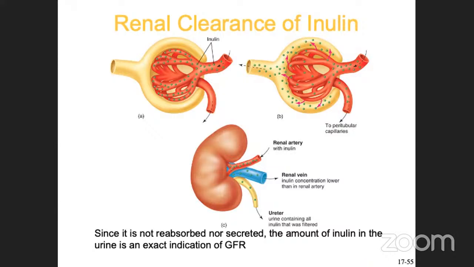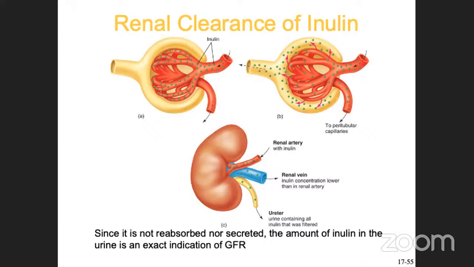This is the gold standard to measure the GFR, because inulin has all the properties of the ideal marker. It's freely filtered by the glomerulus. It's not secreted or reabsorbed in the tubules, and it's not synthesized or metabolized by the kidney. So we just give this to check how well your kidney is working.